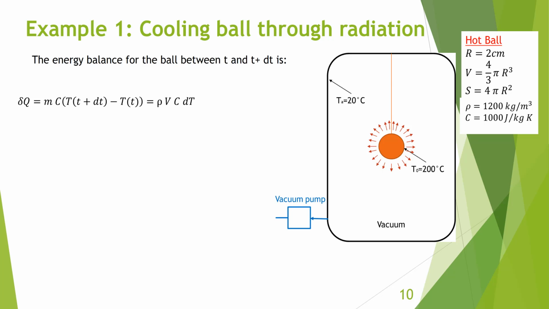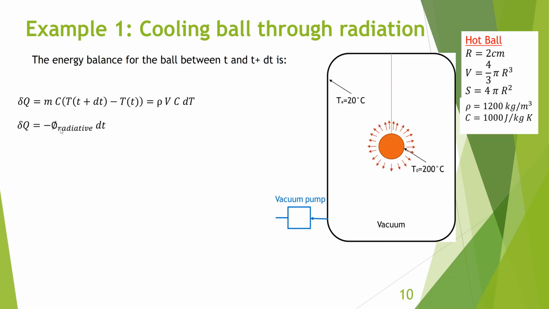If you convert the mass into rho V, you will write rho V c dT. This energy is lost by radiation, so we write that this heat loss is equal to minus the radiative flow, minus because it's a loss, times dt.